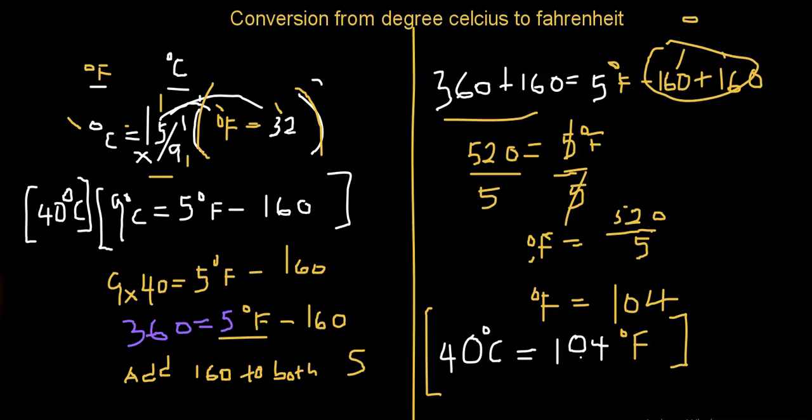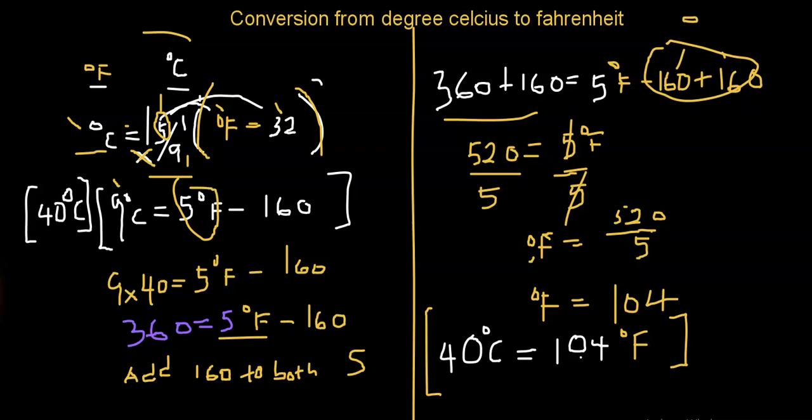Since 5/9 is a fraction standing to the right hand side of the equation, we multiply the denominator by the left hand side of the equation, which gives us 9 degrees Celsius, and it makes 5 stand on its own.